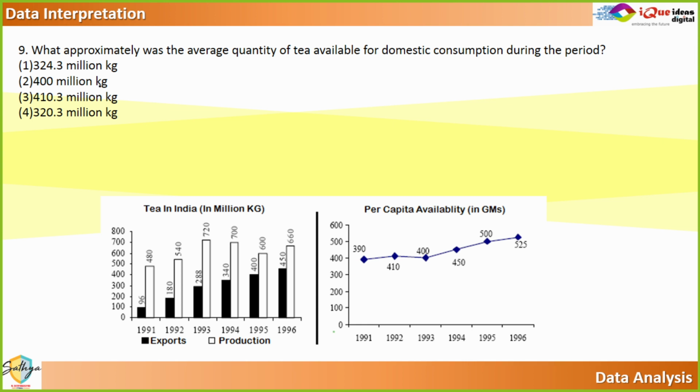So total production minus total export divided by 6 should give you the answer. Simply a matter of addition, subtraction, and division.